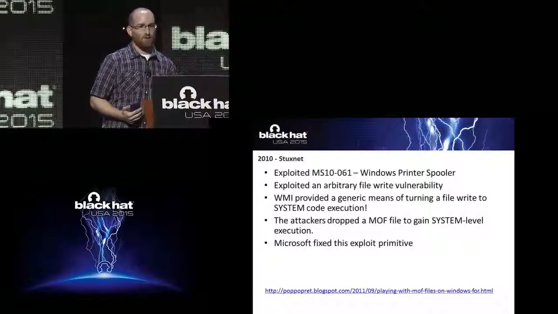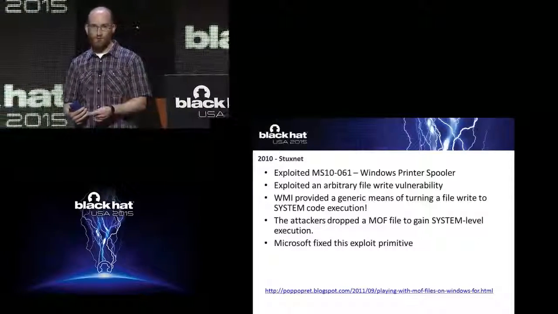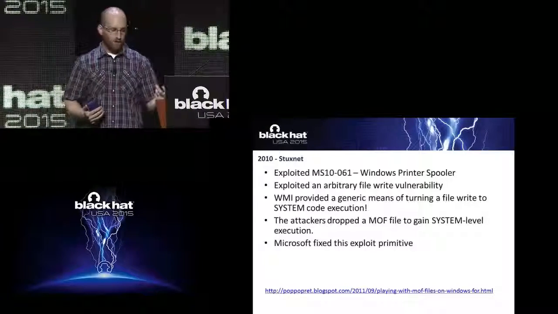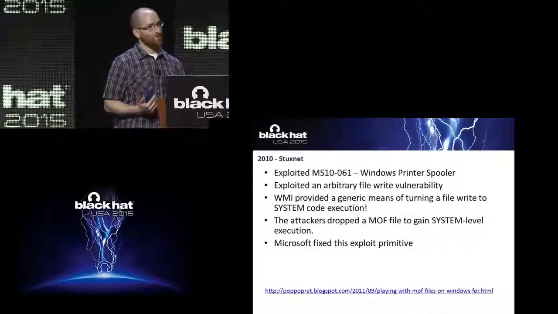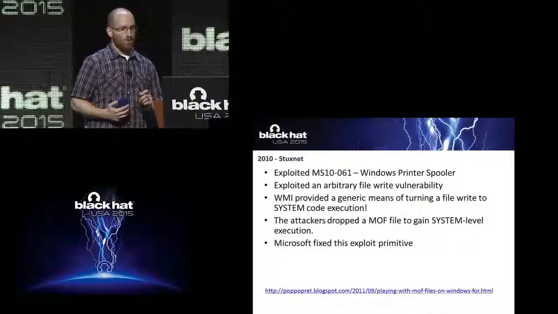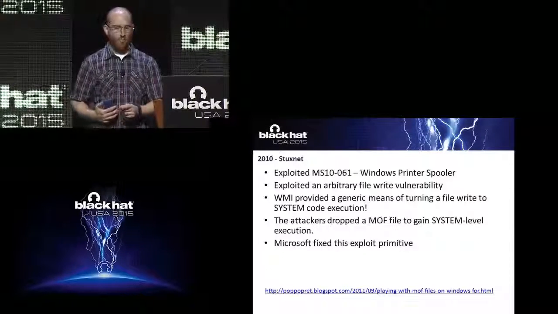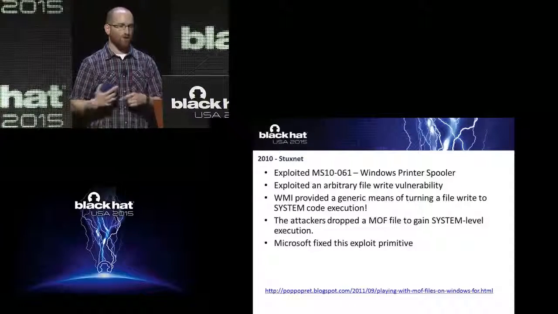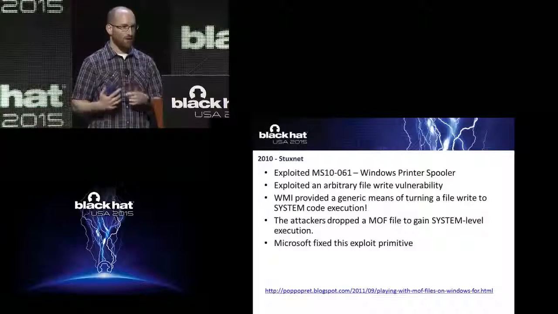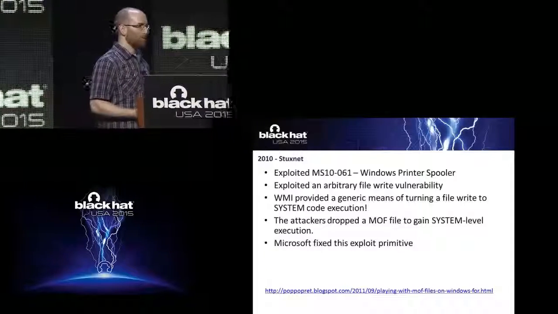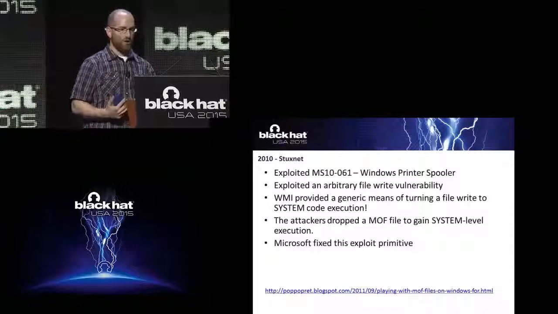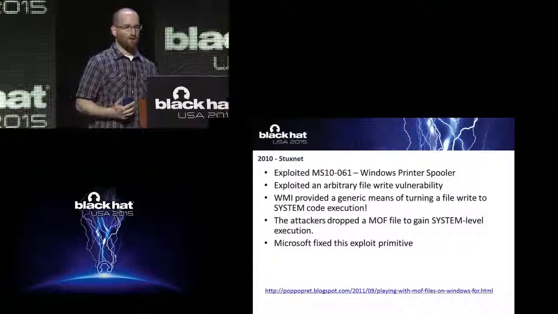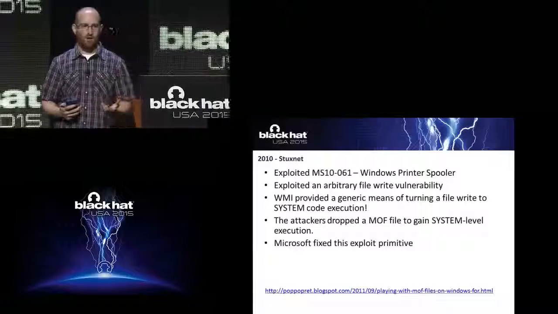So what the attacker did was they dropped one of those MOF files, which had embedded within it a permanent WMI event subscription. They dropped it into a very specific directory, and there was basically a watchdog process that would monitor that directory, and if it detected a new MOF file present in there, it would go ahead and consume it, and you would automatically persist and gain code execution in the system context.